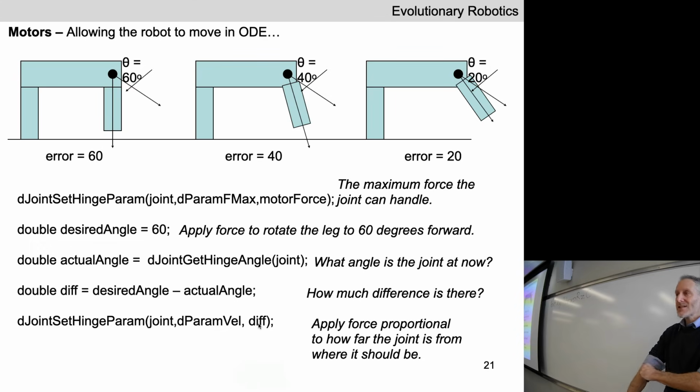At the next time step, the physics engine is going to apply a force that's going to try to rotate this object away from this object. But it's a force. So the front leg is going to start to rotate forward. It's going to start to extend away from the torso. The front leg is not going to immediately assume 60 degrees away from the torso at the next time step. We're dealing with forces and accelerations now, which were derived from a desired angle.